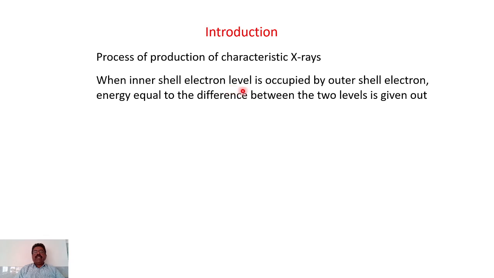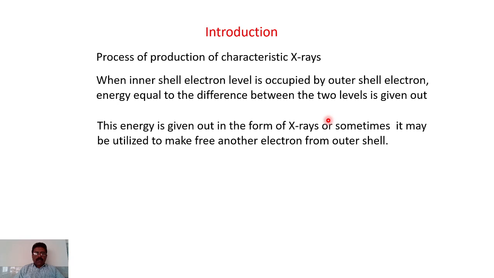So when the inner shell electron level is occupied by an outer shell electron, energy equal to the difference between the two levels is given out. When this energy appears in the form of a photon, that is a characteristic X-ray. But sometimes this energy may be directly used to make an outer shell electron free from the same atom.